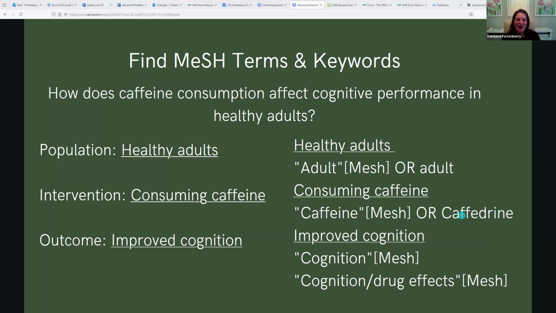There were lots. And then for our outcome, improved cognition, I looked up cognition. I also found drug effects on cognition, which may or may not be great. I might find that if I used drug effects and cognition, the MeSH term, in my search, it would talk a lot about maybe prescription drugs. Maybe it would talk about the drugs that are not prescription drugs, drug abuse or substance abuse of some kind. So I could try it, but it's something to keep in mind.